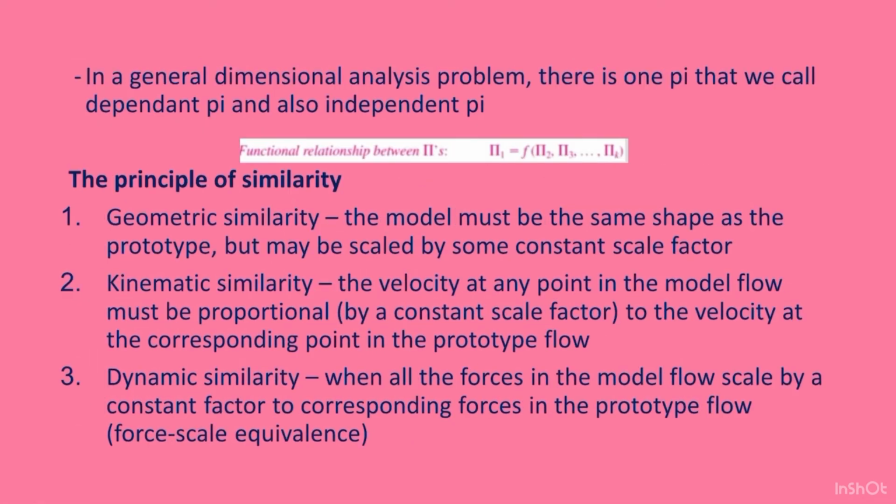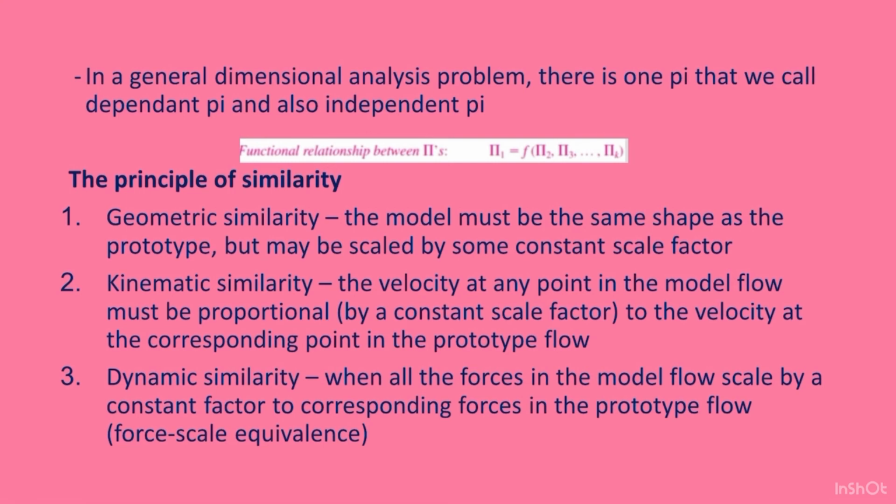In a general dimensional analysis problem, there is one pi that we call dependent pi and also independent pi. The principle of similarity: first is geometric similarity, which is that the model must be the same shape as the prototype but may be scaled by some constant scale factor.